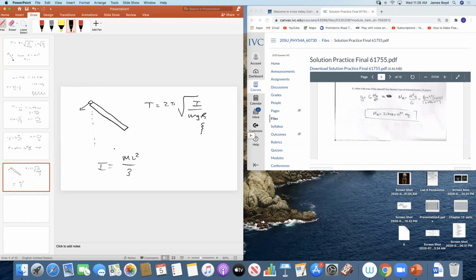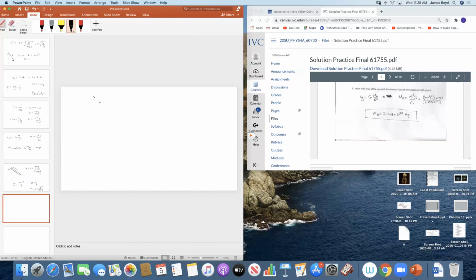That's I for a rod, and you can look that up. But r only goes to the center of mass of the object, and the center of mass is at L over 2 if this thing has length L, right? And so when you plug these things in, what you get is that the period here is 2 pi square root of 2/3 L over G.